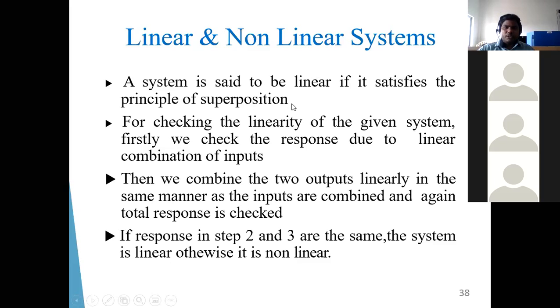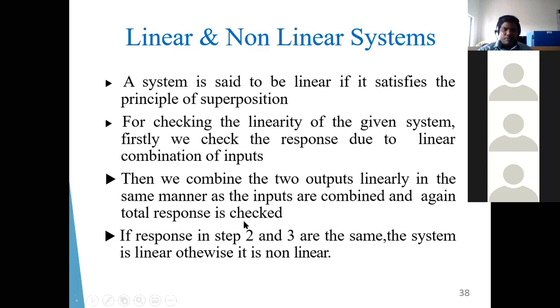In the superposition theorem, we give multiple input signals to a given circuit and find the responses. Then we combine the two outputs linearly, in the same manner the inputs are combined, and the total response is checked again.